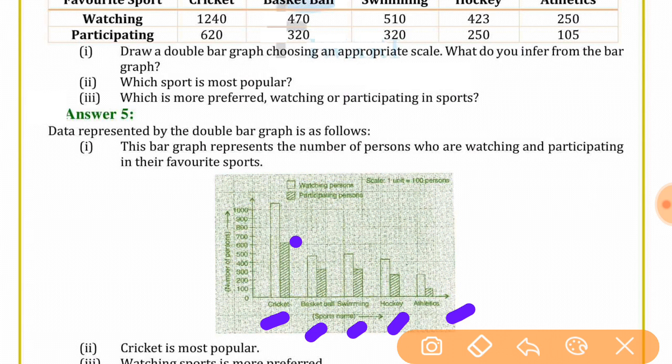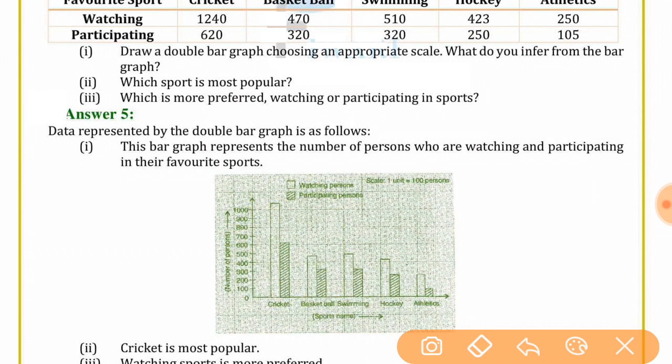Basketball 400, after but less than 500, 330, 320, 300, after two lines you can choose here. Again 510 means after 500 little bit, one line you can choose.